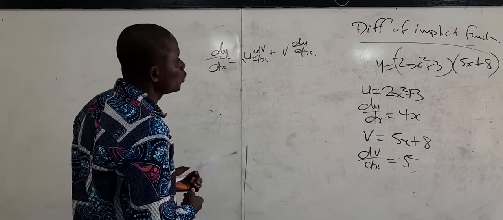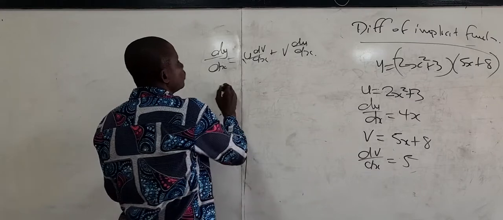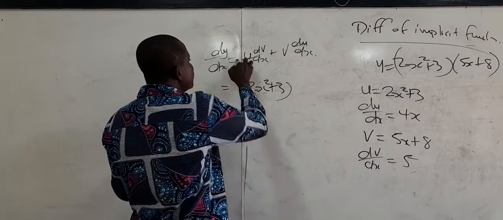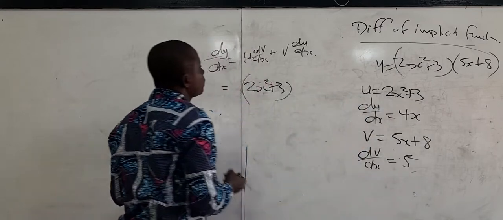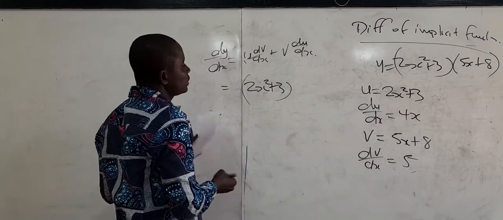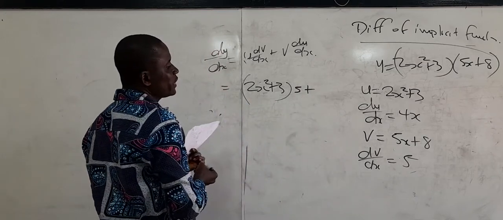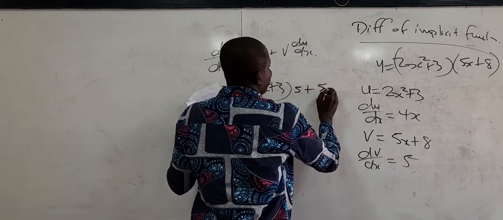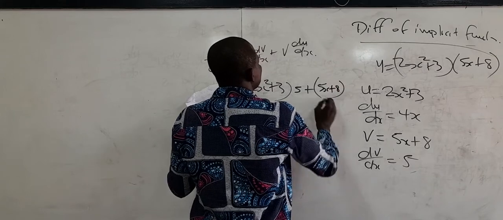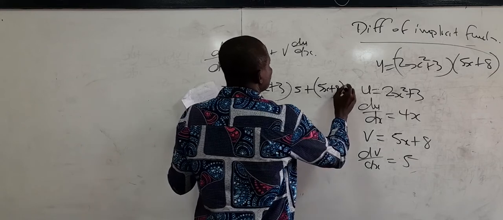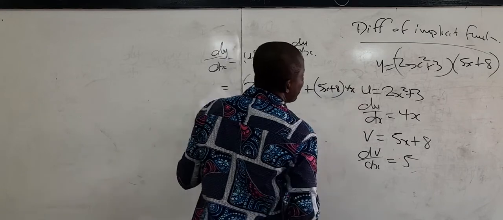So what is your u? U is the undifferentiated u, and it is 2x squared plus 3. Are you okay? U is the original u here. dv/dx is 5, plus v is 5x plus 8, times du/dx, which is equal to 4x, right?